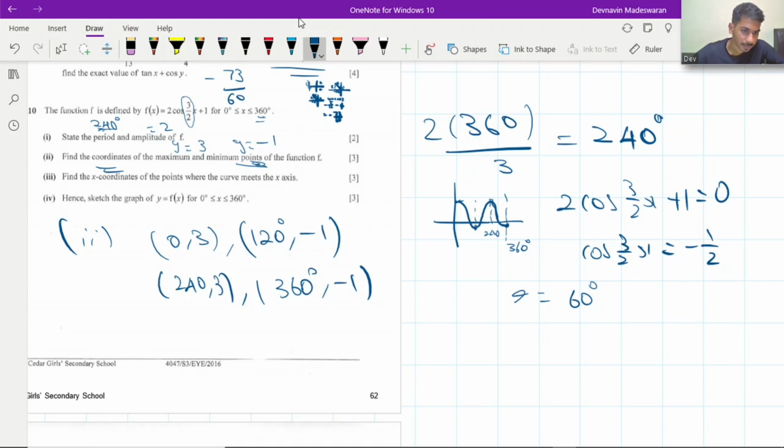Then 3 over 2 of 360 is going to be 540. We need to go from 0 to 540. We need to find for that 3 over 2 x.